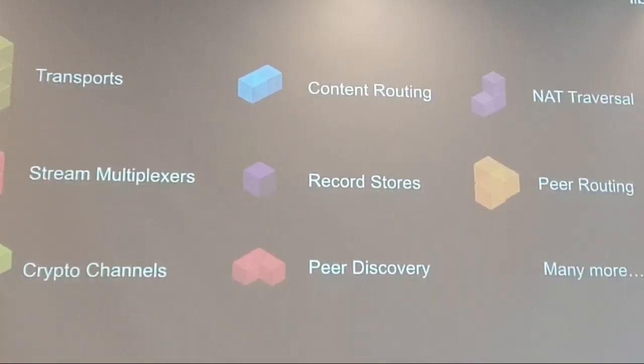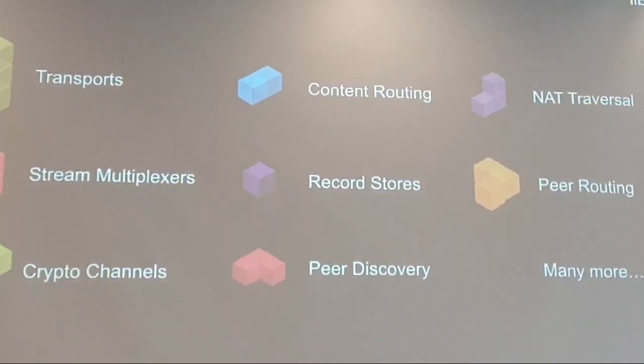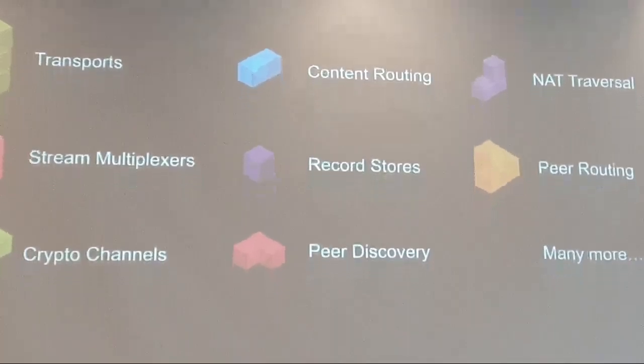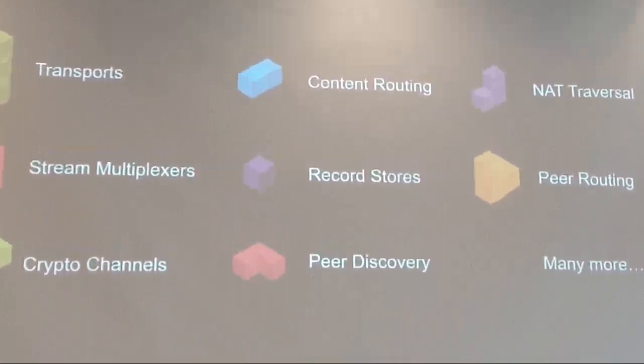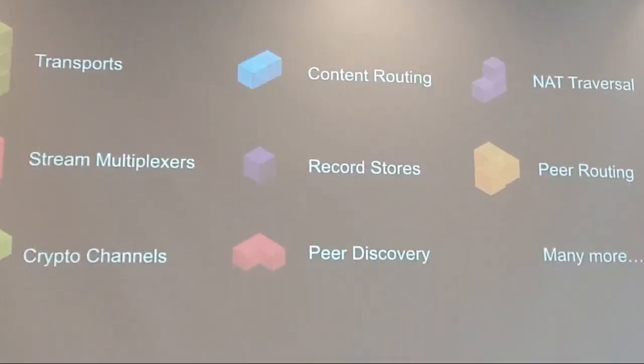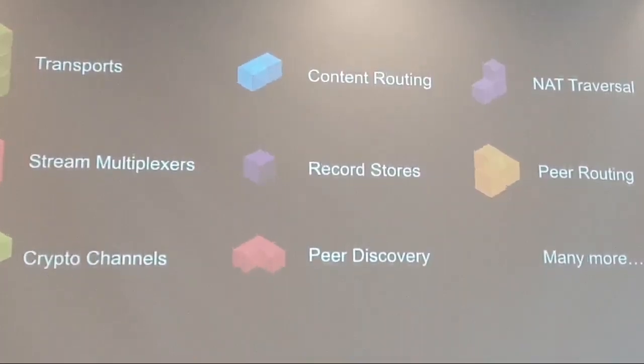Crypto channels: once you establish a connection to another peer, we will automatically upgrade it, which is the terminology we use, to an encrypted connection by doing Diffie-Hellman and establishing a secret key shared between the two sides of the connection. You don't have to do any of this on your own.